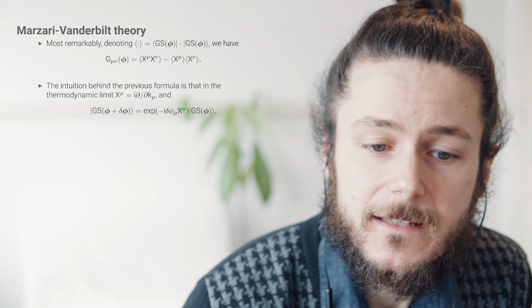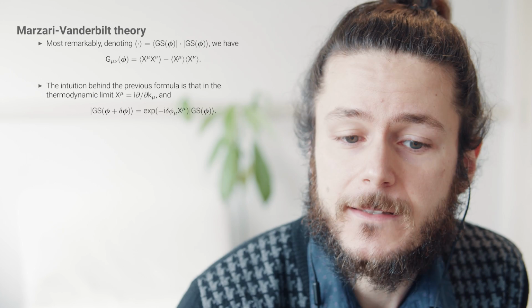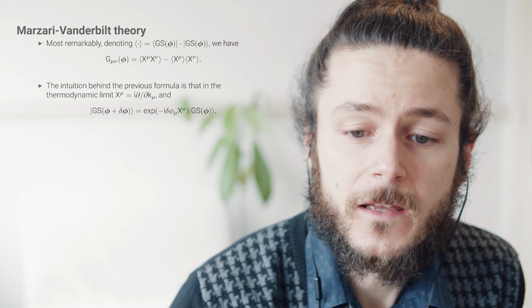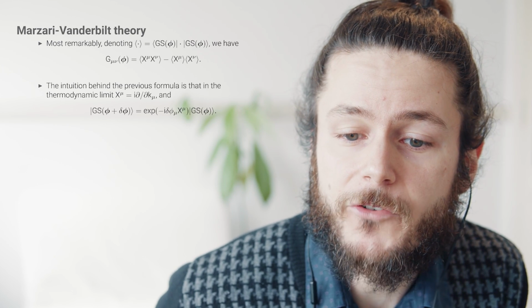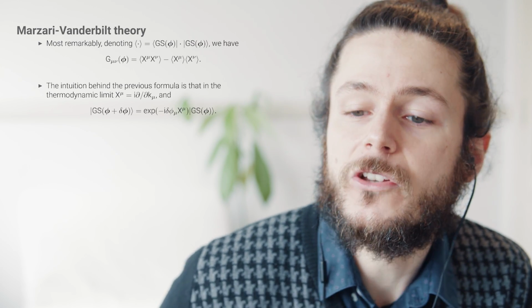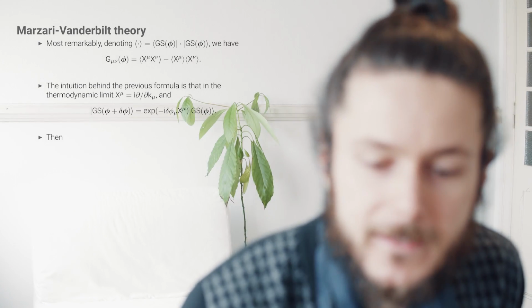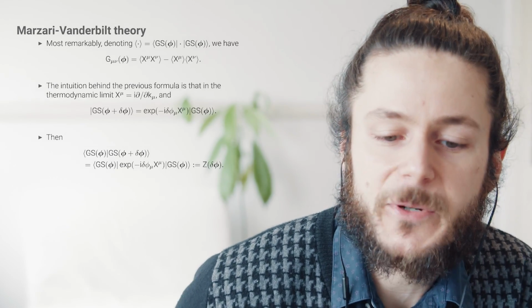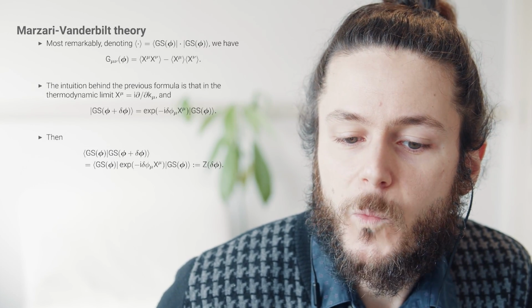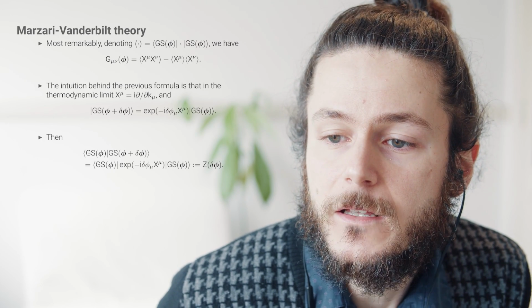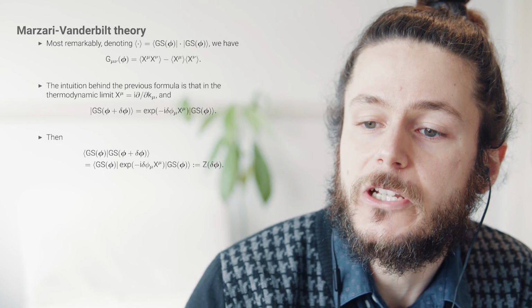So what I get is that the ground state obtained by changing the flux a little bit by delta phi is essentially obtained from the ground state at phi by multiplication by this unitary operator. Then this overlap has the form of a partition function where I insert this operator here in the middle to provide the new twisted boundary condition.